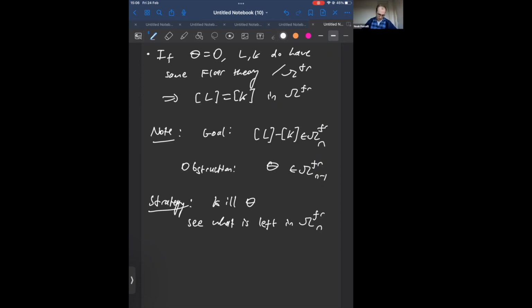So what do I mean by this? We're going to take a quotient ring. I'm going to let R be, and I'll put this in quotes, the frame bordism ring, viewed as a graded ring, modulo the ideal generated by everything in degree n-1. So we kill theta, we kill all of the other things in degree n-1.